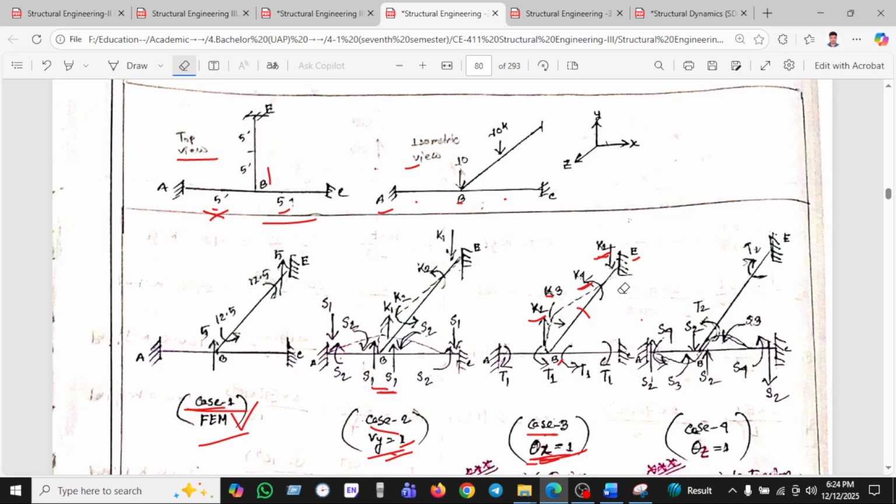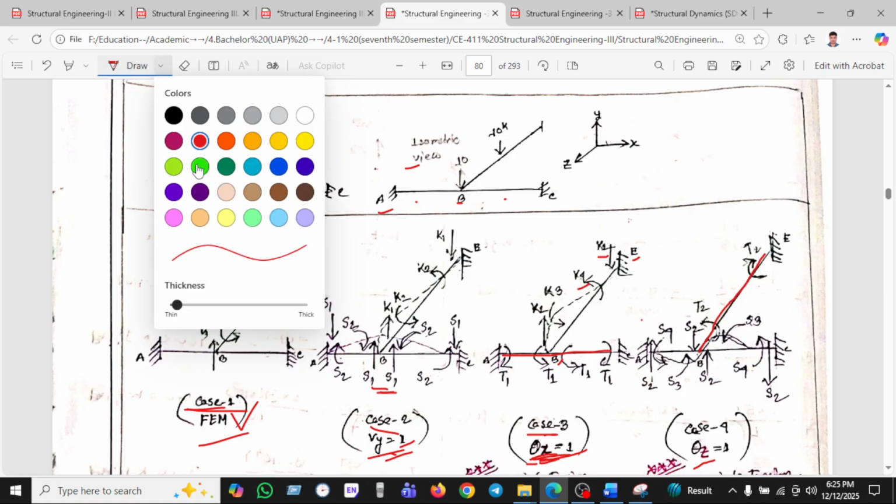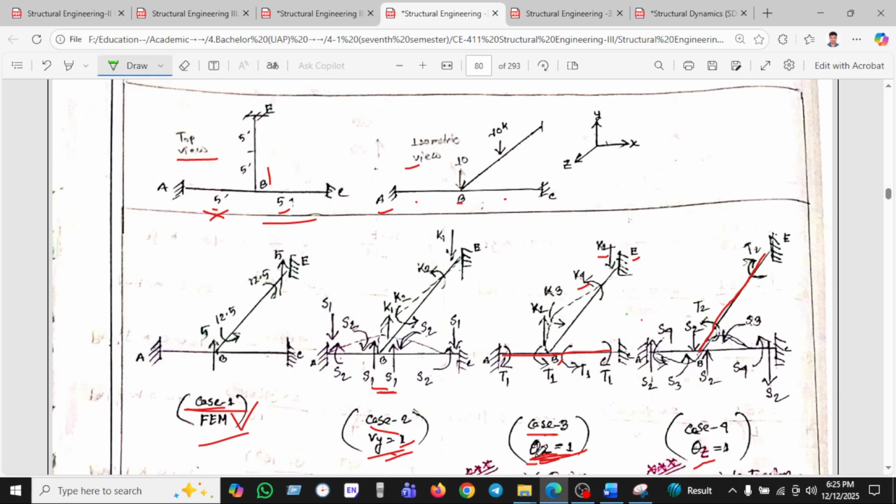When we use theta x, that means the x direction will be torsion. When you use theta z, then the z direction will be torsion. Torsion will be on the opposite axis, not direction, opposite axis.